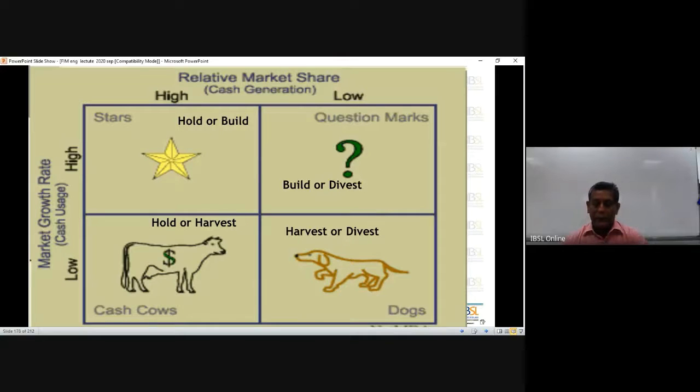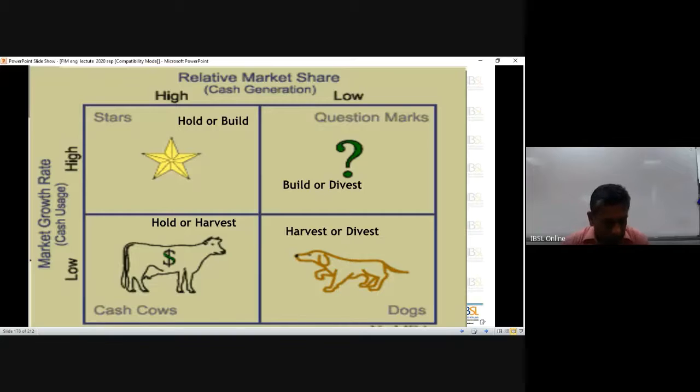Now, BCG and the product life cycle are two tools you can use for strategic decision making at the business level. For example, products which have high market share and high market growth are usually considered star products.